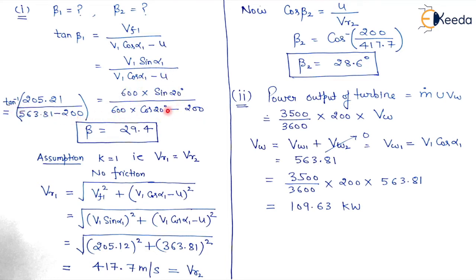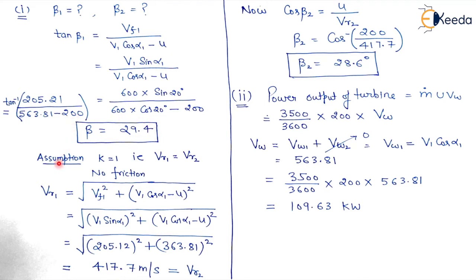If we solve this, 600 sin 20 is 205.2 and 600 cos 20 is 563.81. We put all these values here, and when we solve this with tan inverse, we will get beta 1 equal to 29.4 degrees.